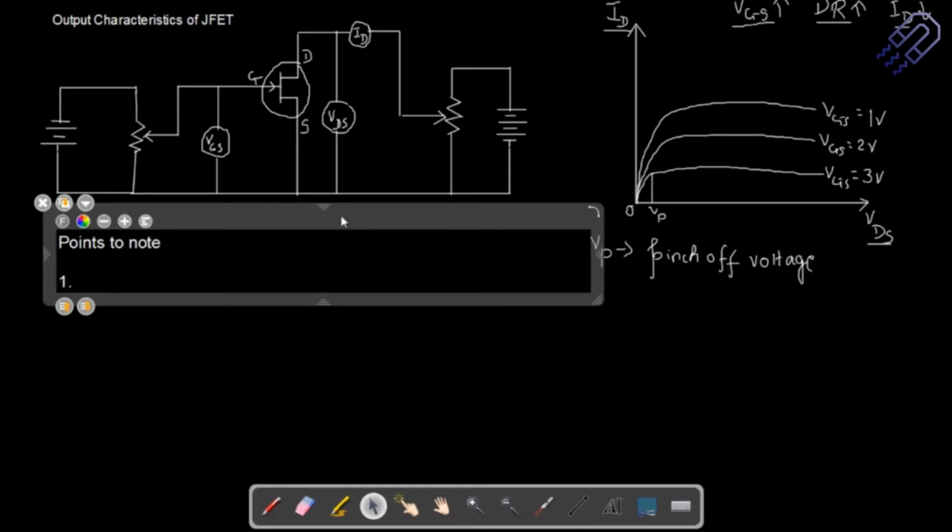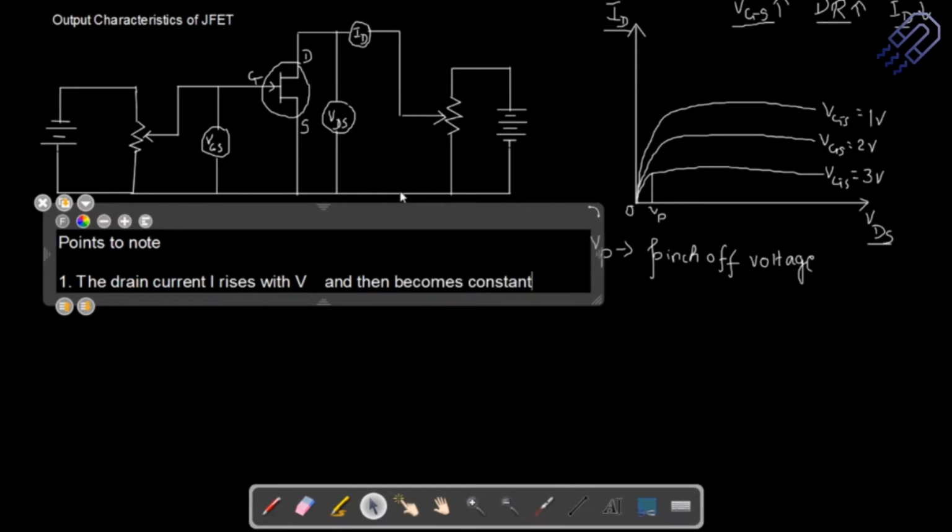The drain current ID rises with the drain source voltage, and then becomes constant.